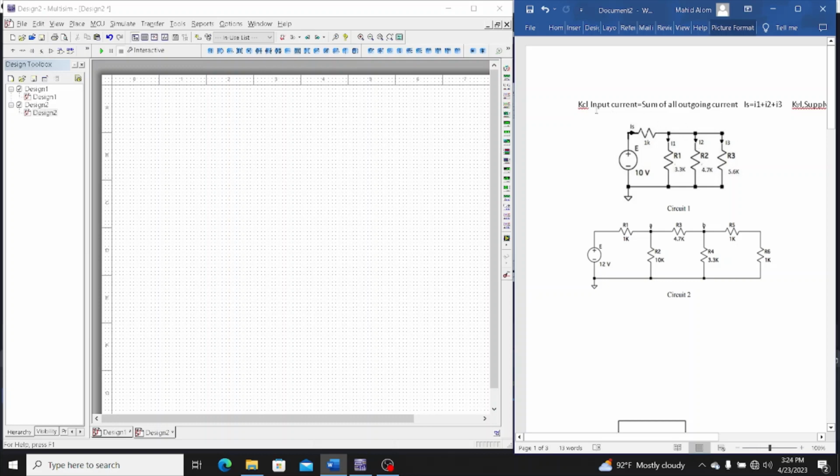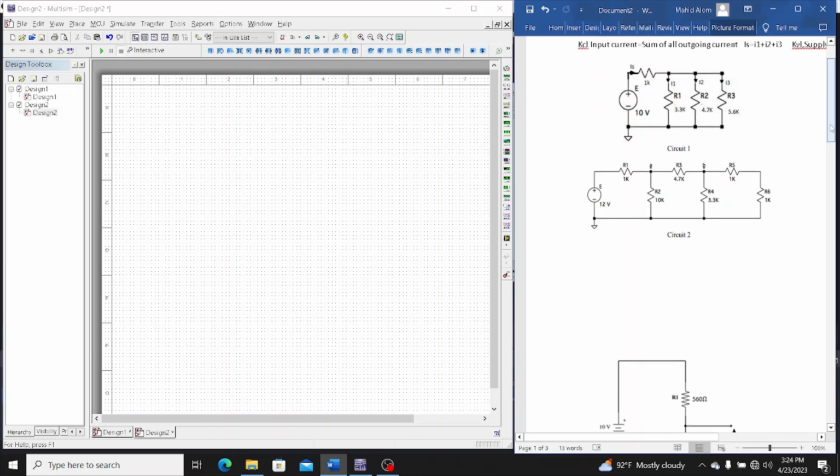KCL states that Is equals I1 plus I2 plus I3. And KVL, Kirchhoff's voltage law, states that the supply voltage is equal to the summation of all the voltage drops.